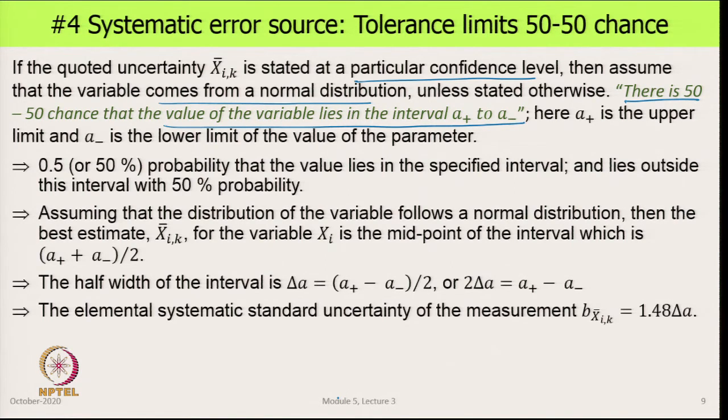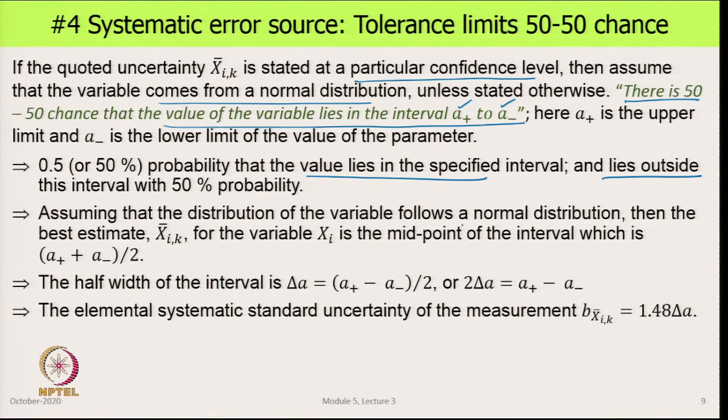So, we are told that I have a certain value plus minus something, that if you add and subtract it will give you this, and you say that half the values lie in that interval and half the values lie outside the interval. So, that is what this is telling us: there is 50% probability that the value lies in the specified interval and 50% probability that it lies outside that interval.